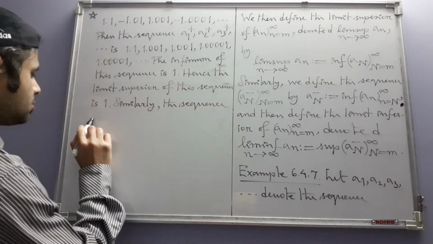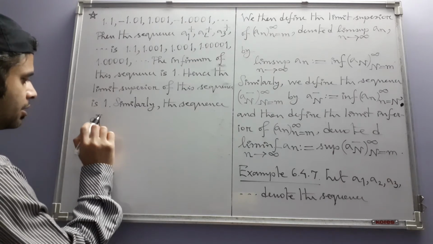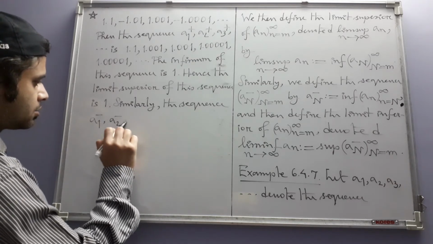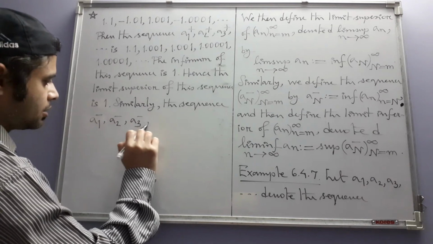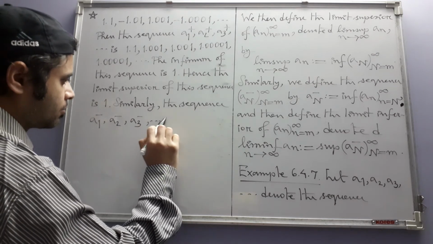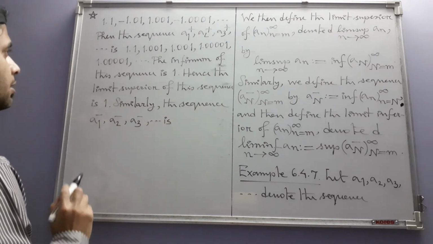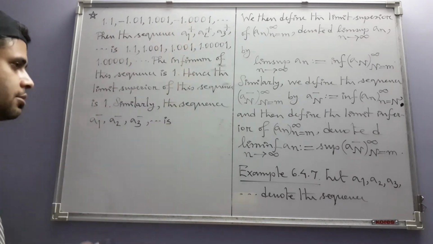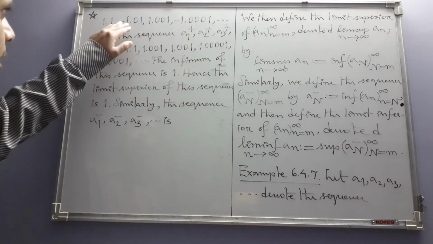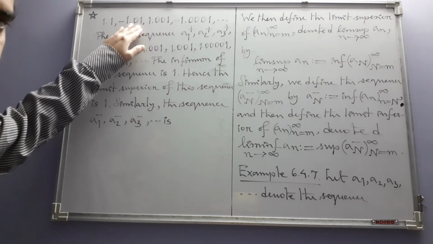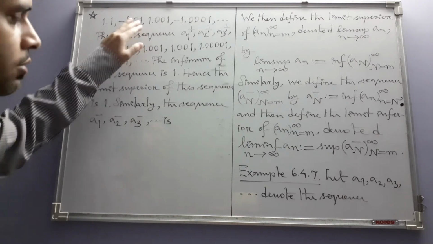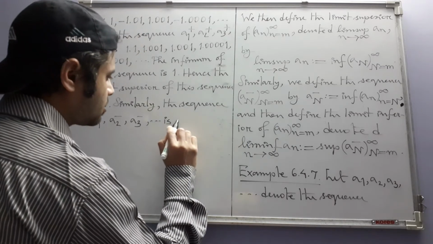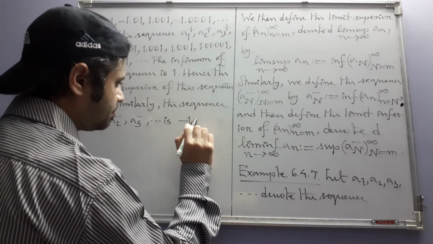So the sequence of infima a1 minus, a2 minus, a3 minus, and so on is, okay, what in this case? The original sequence in fact has a smallest element, minus 1.01. So that is the infimum.